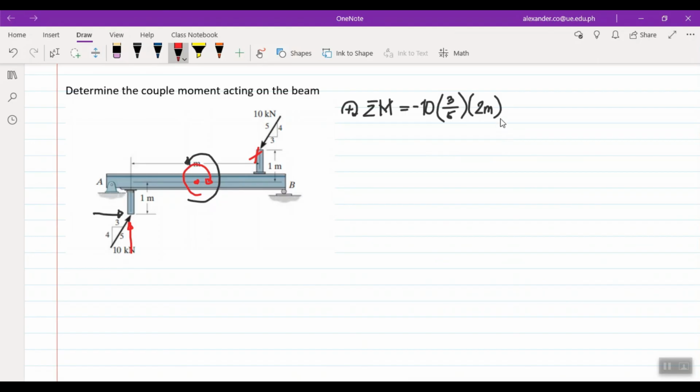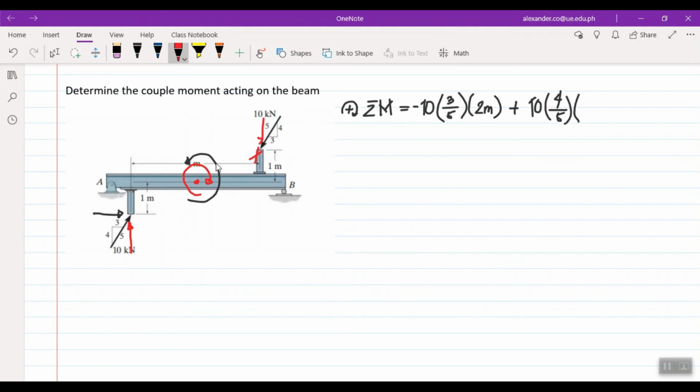Now we get the y component. Sorry for the noise, a tricycle. Plus, we take the black one. Positive is clockwise rotation. So that will be 10, with slope 4 over 5. What is its distance? Here, this and this.